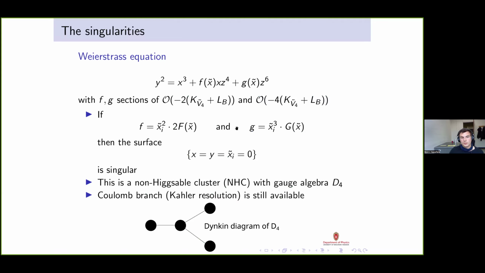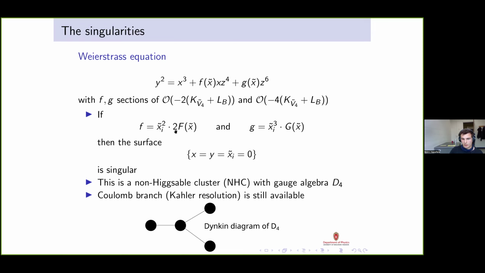So first of all, our equation, the Weierstrass equation that cuts out our elliptic fiber, is always of this form, where f and g are sections of appropriate line bundles on the base. And if we are given this form, we can identify the loci where these singularities appear by finding those homogeneous coordinates where the generic section of these line bundles already takes this form.